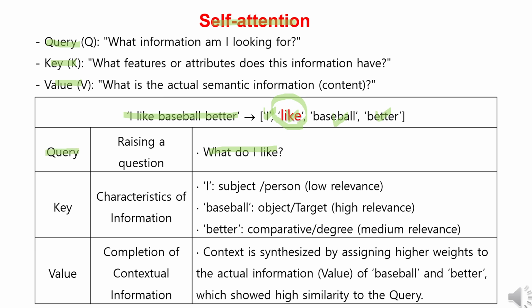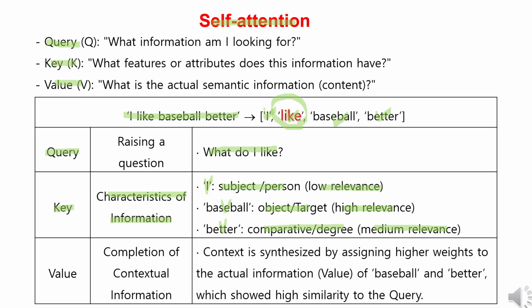In other words, the query represents what we're trying to find. Next is the key. The key represents the characteristics of each word. So, for example, I is a subject and a person, so it has low relevance. Baseball is an object and a target, so it is highly relevant. Better expresses comparison or degree, showing moderate relevance. By comparing these keys, the model figures out which words are more relevant to the query.